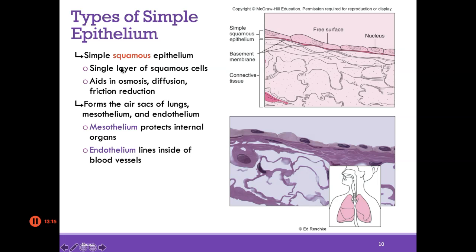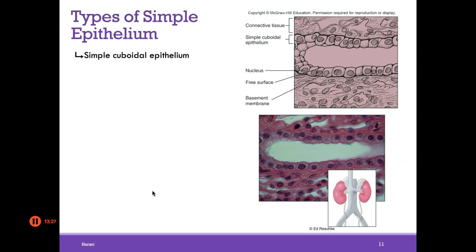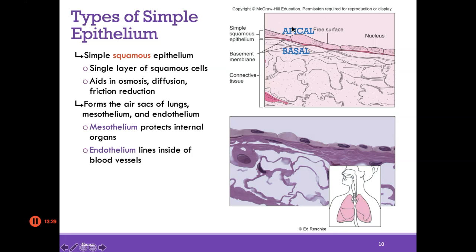So mesothelium is a type of simple squamous epithelium that protects the organs. Endothelium is a type of simple squamous epithelium that lines the inside of blood vessels. And remember that the free surface is called the apical, and the end that's connected to the basement membrane is called the basal end, or the basal surface.